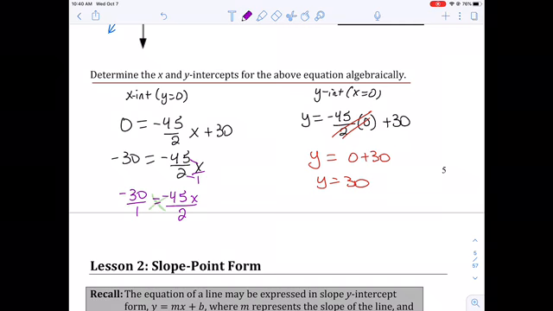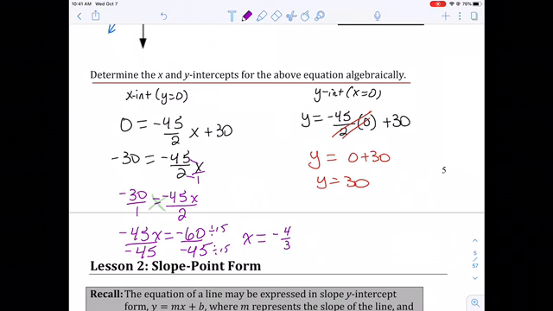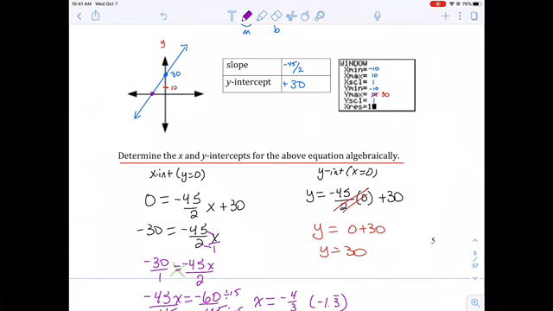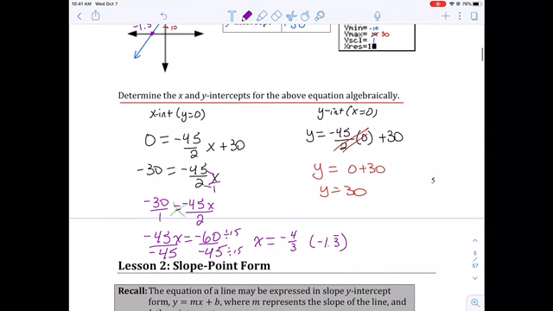So -45x times 1 is -45x, and -30 times 2 is -60. And when we divide both sides by -45, -60 divided by -45, I believe that is, divide by 15, -4/3. As a decimal, that would be -1.3 repeating. So that would be right here, -1.3. And so there we have it.